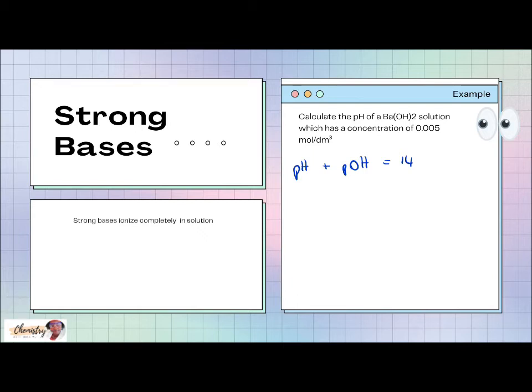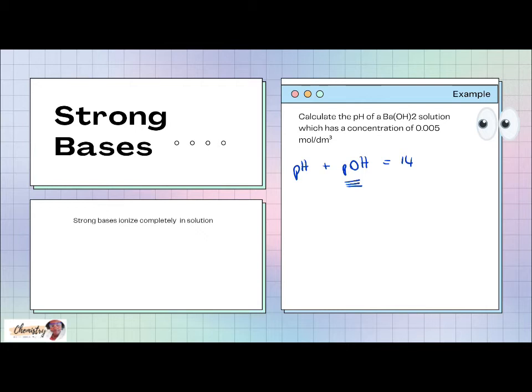So we have to find pOH. In all of these calculations, the P means exactly the same. P is negative log. That's what we're going to be putting in our calculator anytime we see a P, negative log.